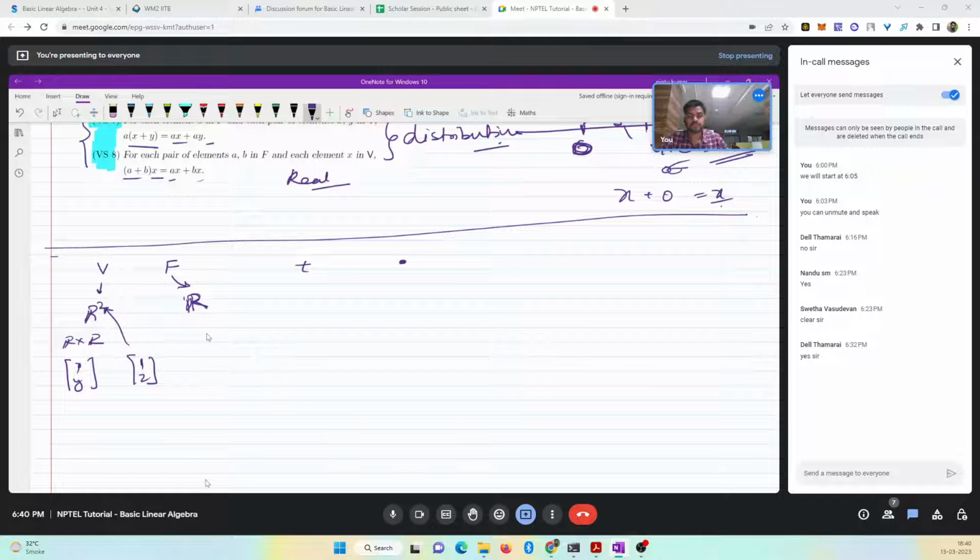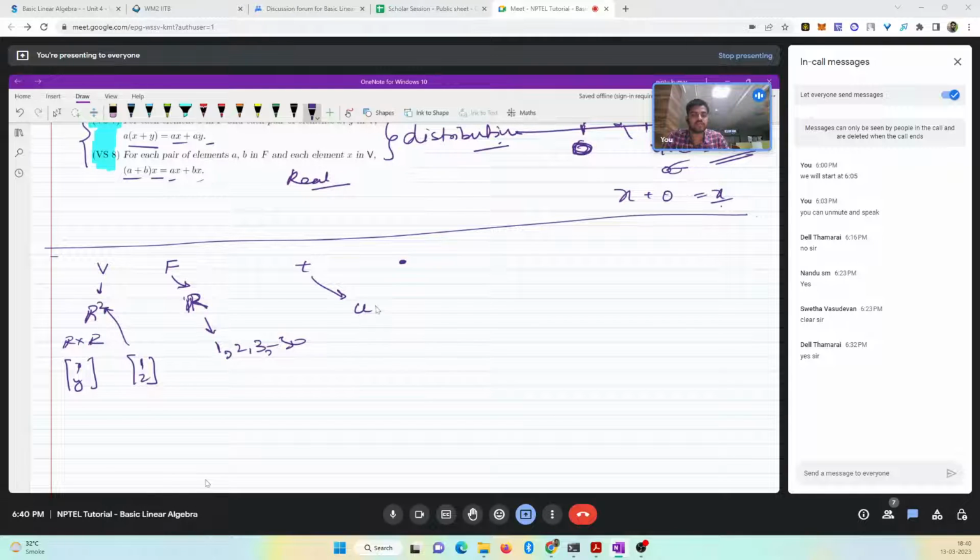How would an element look over here? It would look something like 1, 2, 3, minus 50, something like this. Now we want to define addition between two vectors in V. Let's take the simple addition.